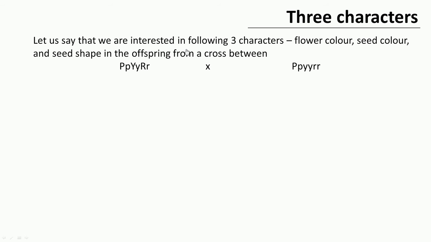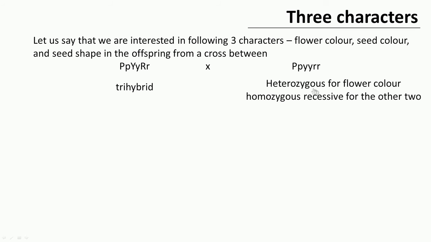Let us say that we are interested in the following 3 characters: flower color, seed color and seed shape in the offspring from a cross between capital P small p, capital Y capital Y, capital R capital R, and this is heterozygous in P, whereas homozygous in Y and R. So, this is a trihybrid and this is heterozygous for the flower color, whereas homozygous recessive for the other two.